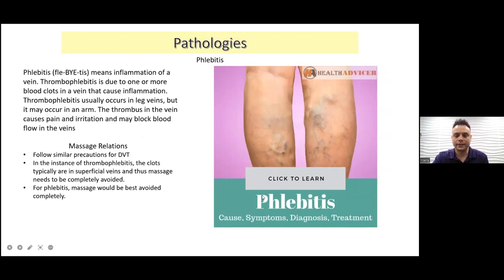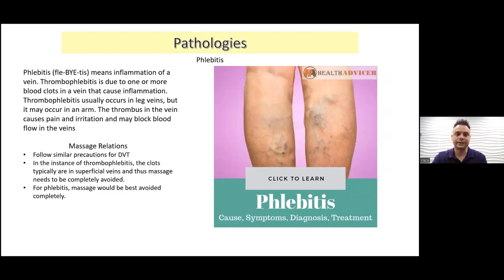Phlebitis. So phlebitis is the technical term for inflammation of the veins. Inflammation of the veins in this case is a pretty severe thing. And so if they do have phlebitis, just postpone that massage, have them get treated, which is not to be confused with varicose veins or spider veins or anything like that, which we'll see, I think, on the next slide.